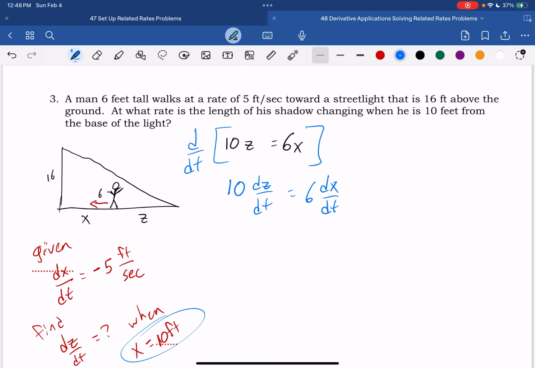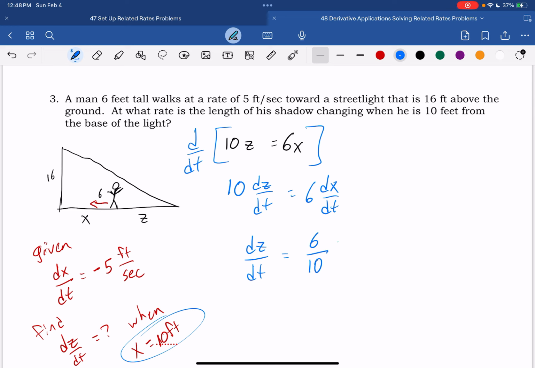What we can interpret this as is we're moving at a constant rate. Our shadow is not really dependent on how far we are away from the base of the lamp.